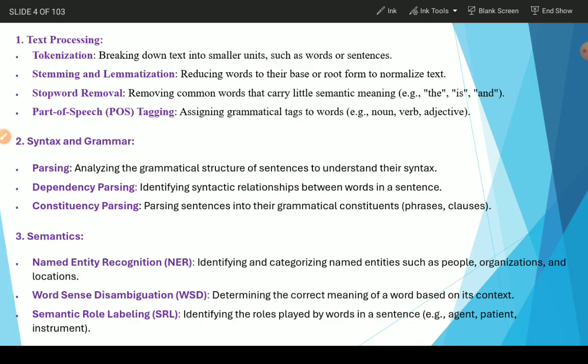A semantic role represents the function that a word or phrase fulfills in relation to the predicate of a sentence, such as agent, the doer of an action, patient, the entity affected by an action, and instrument, the means by which an action is performed. Those tasks enable computers to better understand and process natural language text.